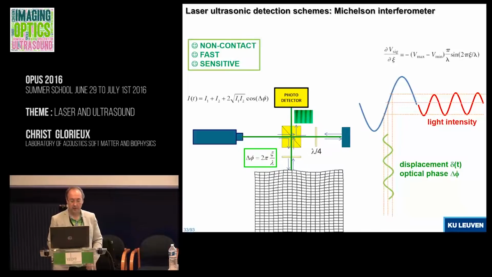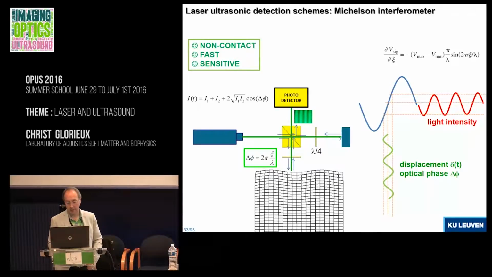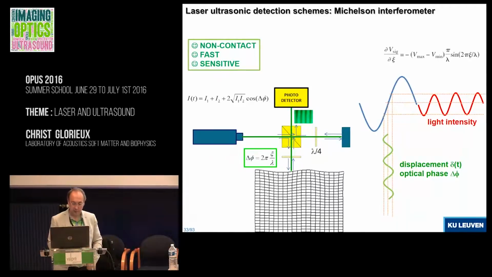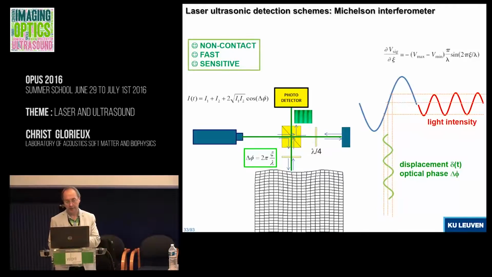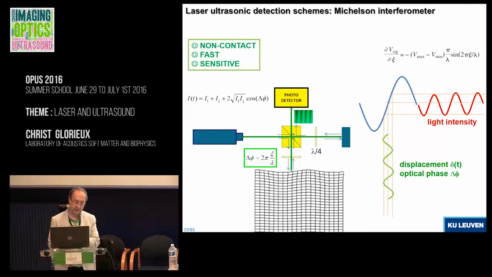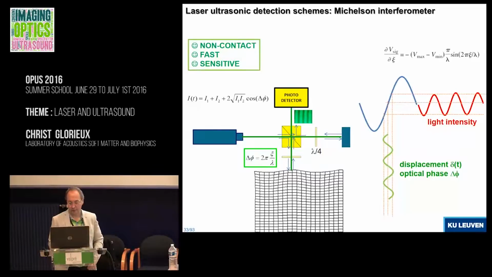In a Michelson interferometer, and also in all the other interferometers, if you want to detect small displacements, you want to put yourself on a big slope, such that if the sample moves to the right, or the optical phase change is increasing, you have an increase of intensity, and if it's decreasing, you have a decrease of intensity. That's a good point to put yourself.